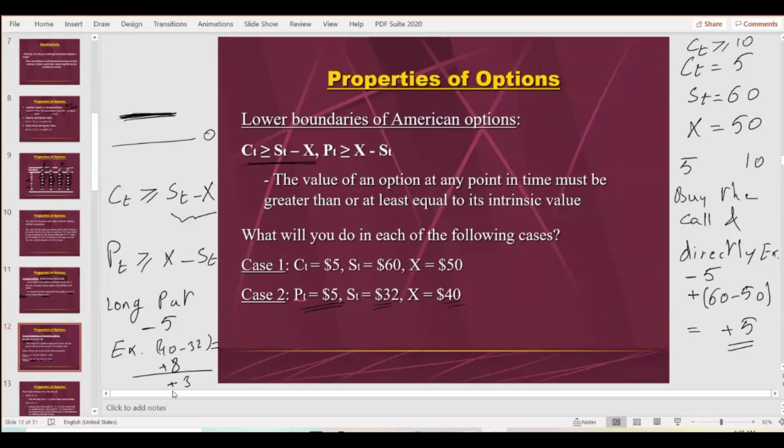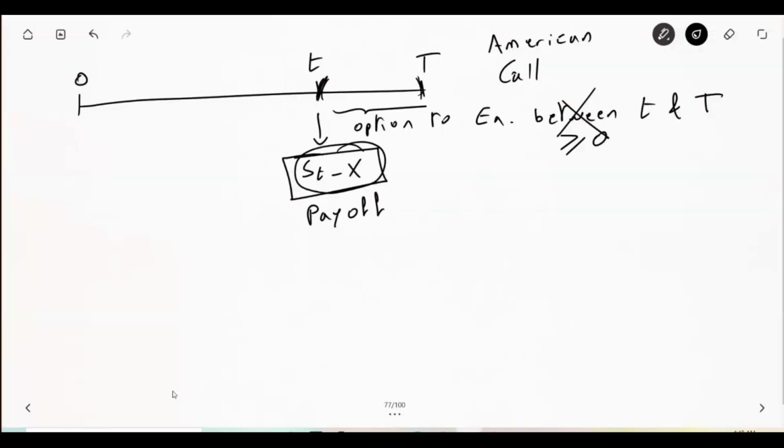So here I'm saying why it may be the case that the call premium must be greater than 10 and not only equal to 10, because of the option to exercise between lowercase t and capital T. However, once we reach the expiry date, CT is going to be exactly equal to ST minus X.